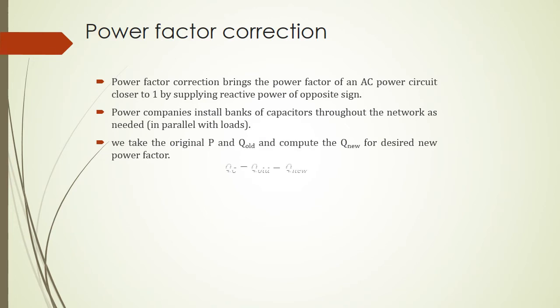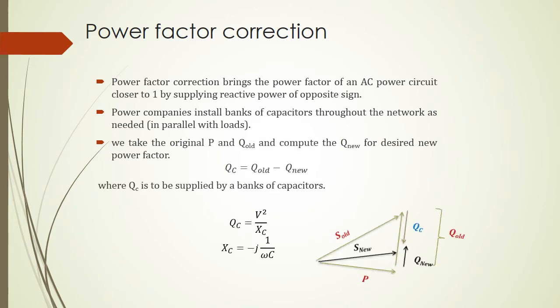So what we do, we take the original P and Q, and then we compute the Q new as follows. So this is the Q old, which is quite large. We provide the QC on the opposite side.